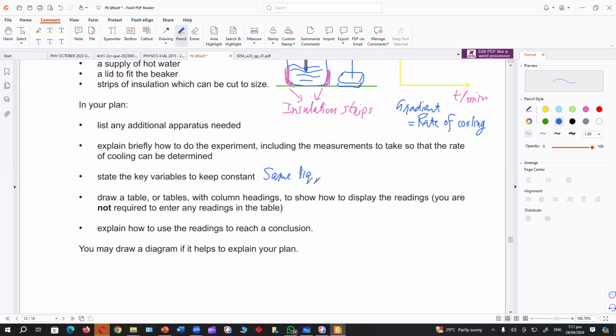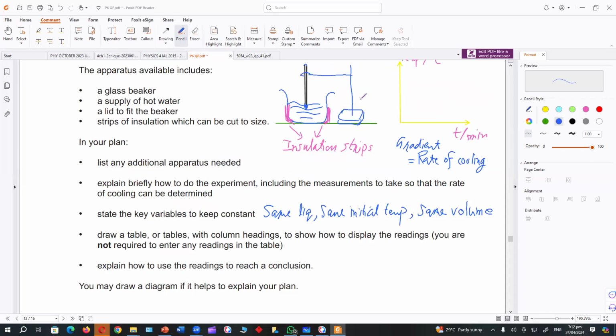Same liquid, same initial temperature and same volume. Right, that's very good.